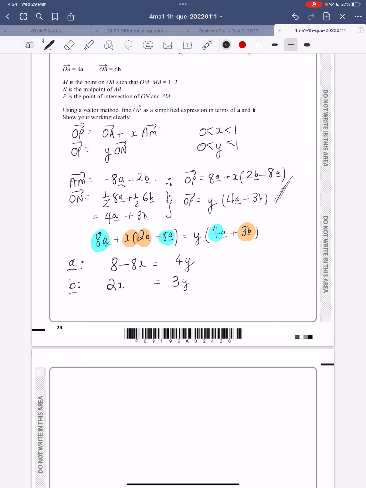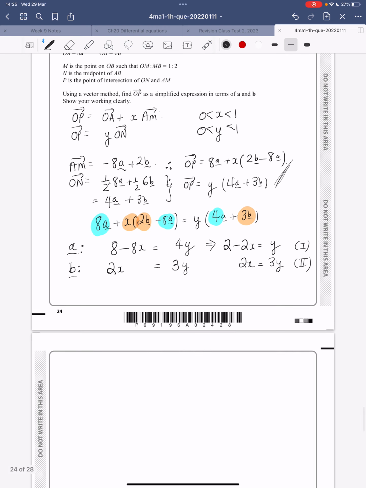Okay, divide this through by 4. 2 minus 2x equals y, and here plus 2x is 3y. Call that equation 1, equation 2.